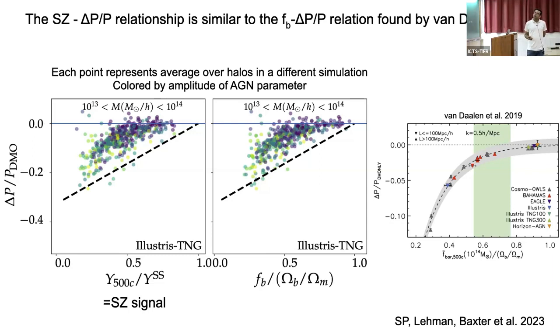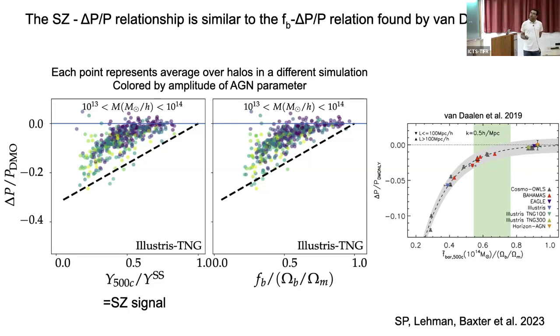But what's more interesting is if you make that same scatter plot for the SZ signal. So this is, instead of counting the number of baryons, you count the thermal SZ signal within some radius, but you divide out the self-similar scaling, which is analogous to the baryon fraction. And you see there is a fairly similar relation as well as fairly similar scatter if you make the plot with the thermal SZ.